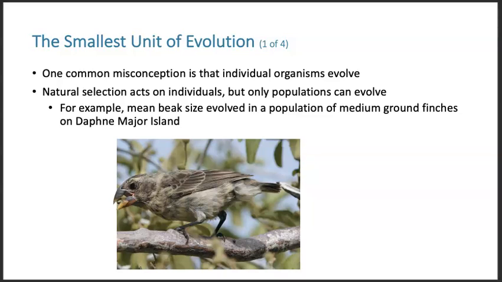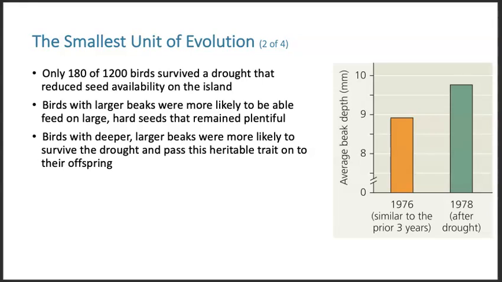What the researchers have found is that the beak size has evolved in the population of these finches. What happened in the 1970s that was so interesting is that a drought occurred. And of the 1,200 birds that were on the island before the drought, only 180 of them survived.